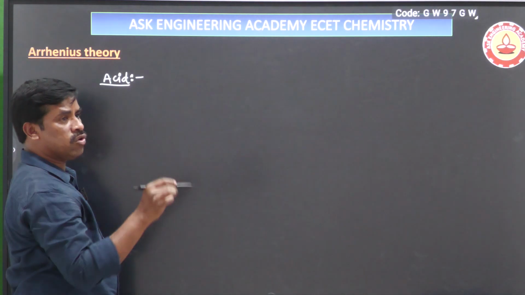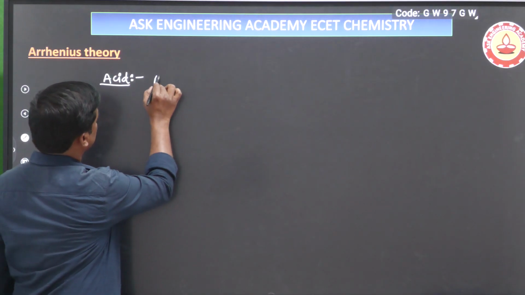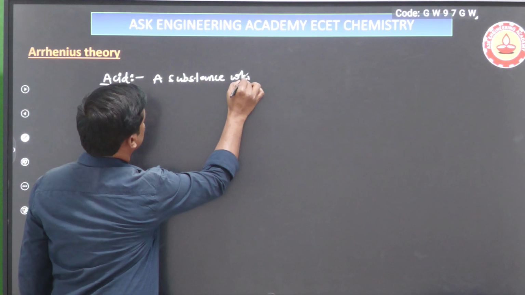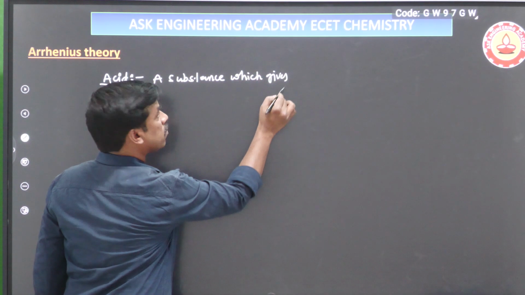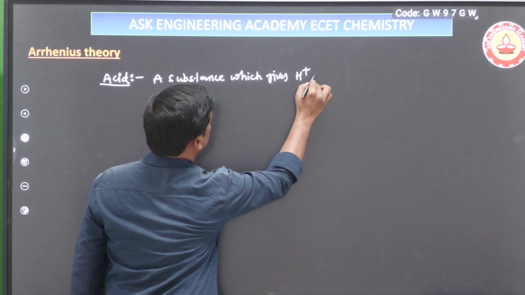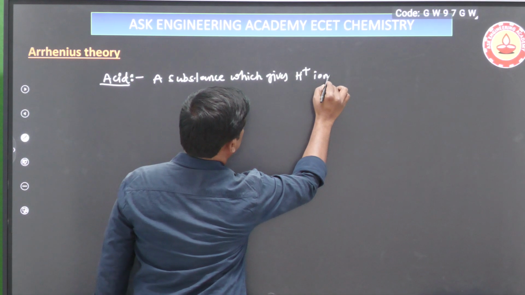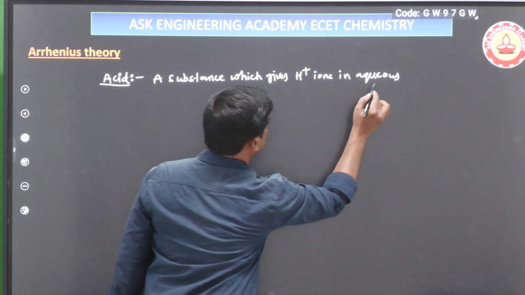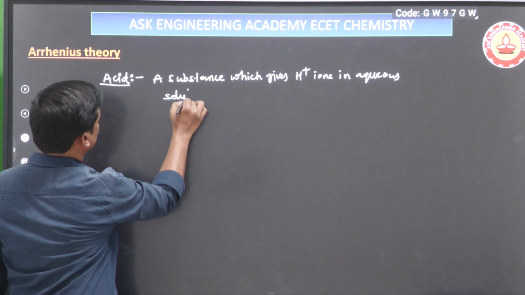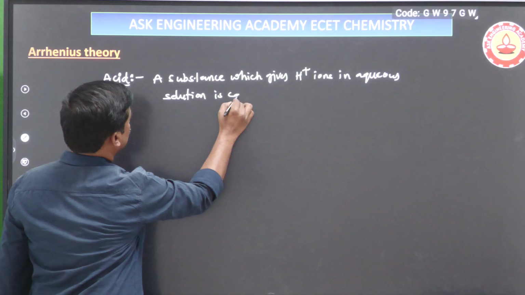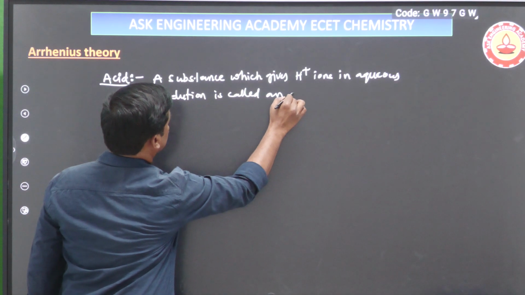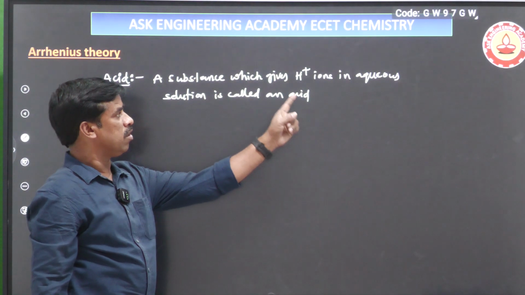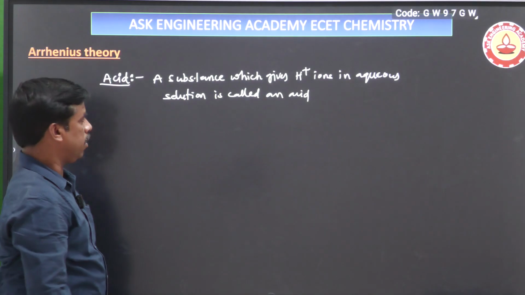A substance which gives H plus ions in aqueous medium or solution is called an acid. Once again I am repeating, a substance which gives H plus ion in aqueous solution is called an acid.